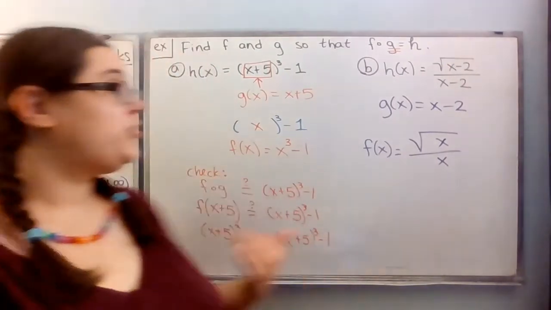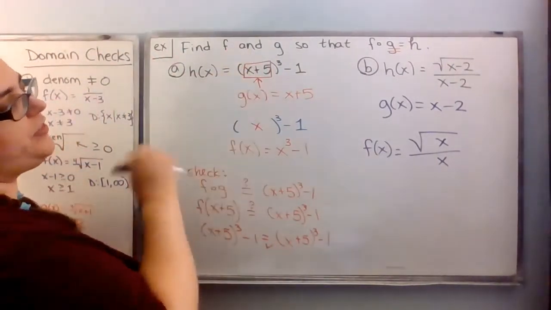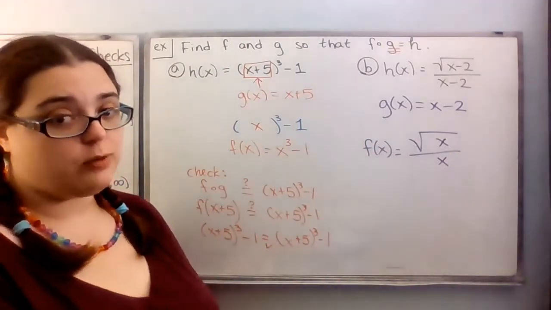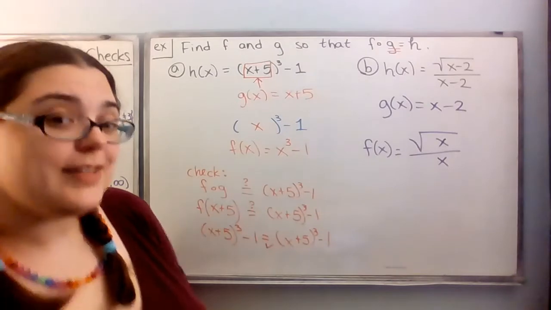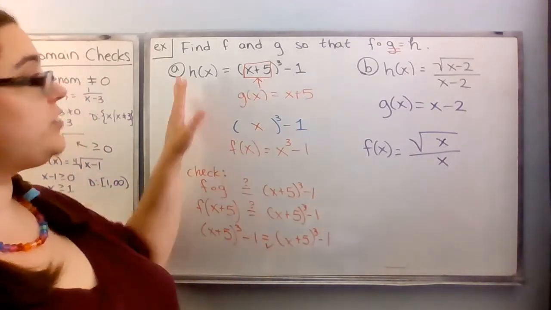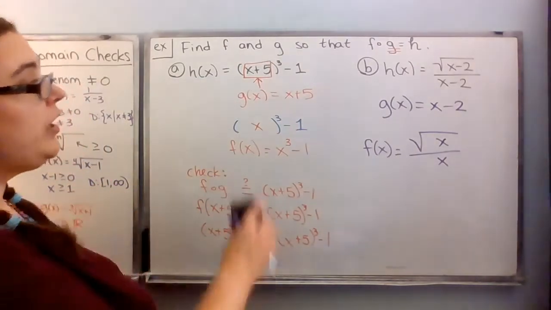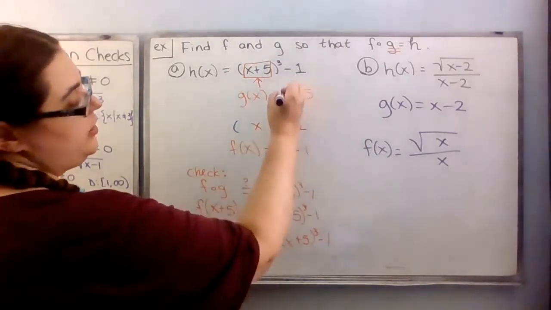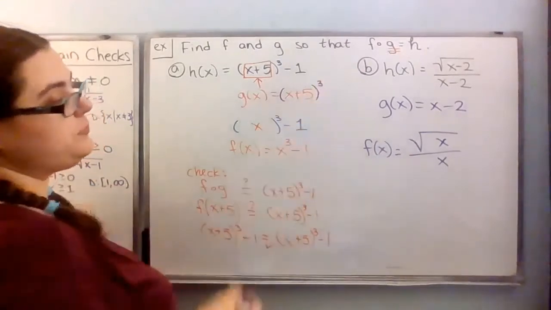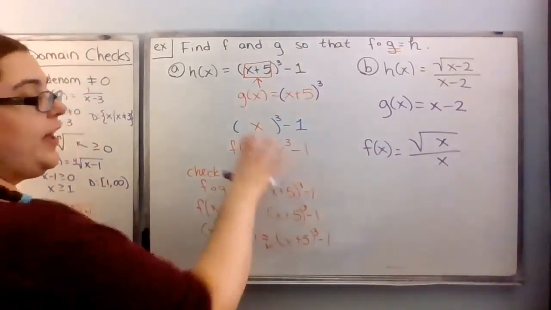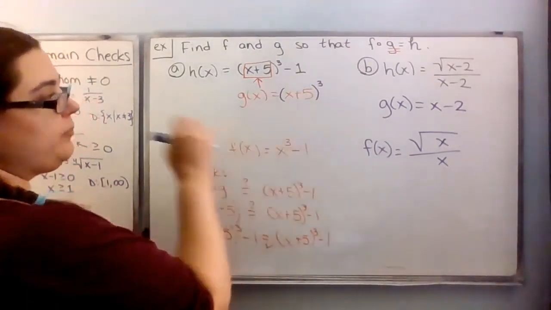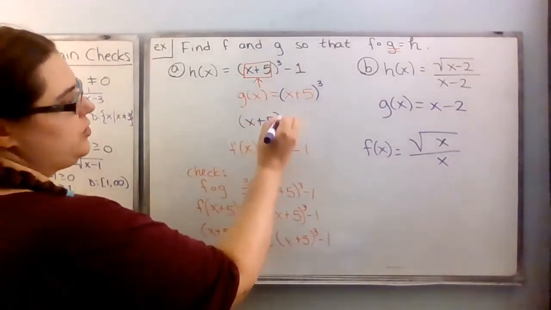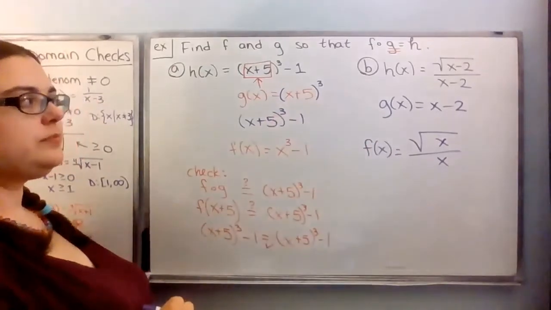Now, you'll notice that the directions say find f and g. It doesn't say that these are the only two such functions that will work. For example, there's a different way we could have done this first problem. I could have said, let's let g of x be x plus 5 cubed. Then if I rewrite my h of x function, I have x plus 5 cubed minus 1.